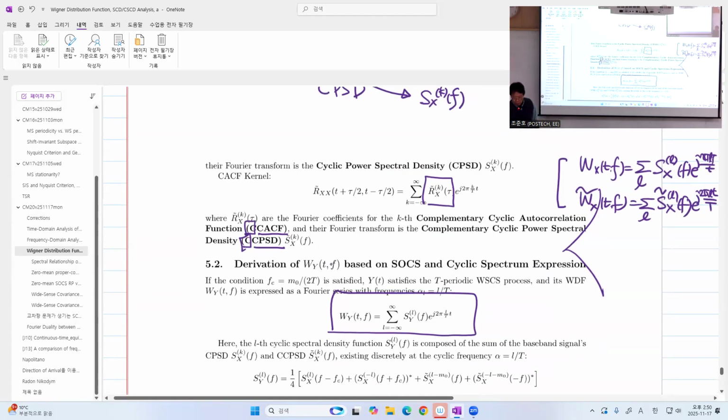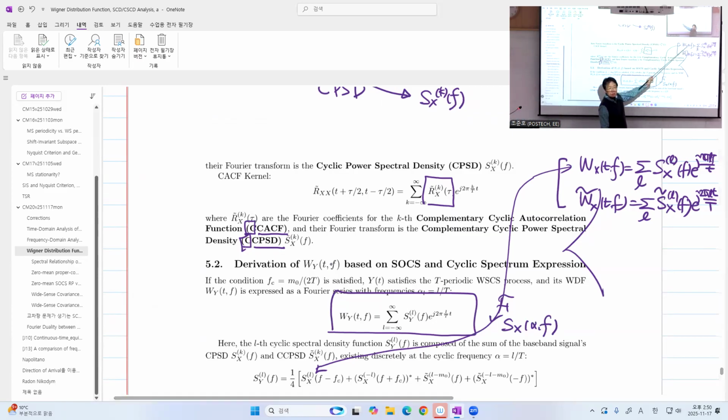And by substituting the Fourier transform of that one, if you Fourier transform the Wigner distribution with respect to t, then what happens?